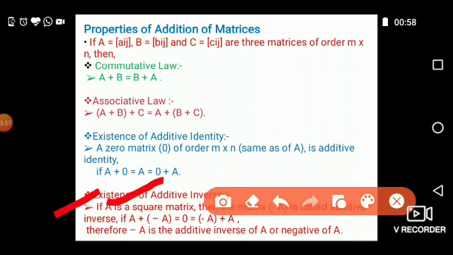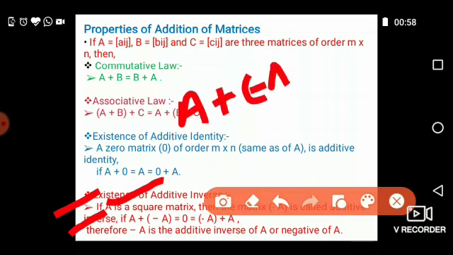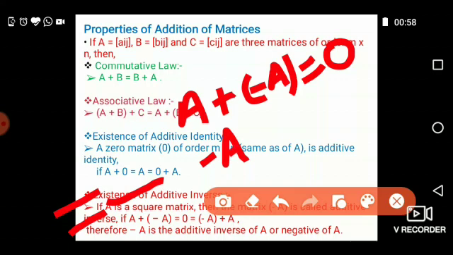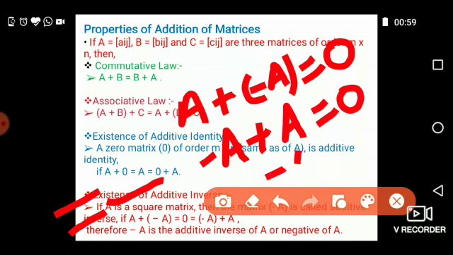If A is any matrix, then minus A is called the inverse of matrix A. If A is added with the negative of A, it gives zero matrix, or minus A is added with A, it gives a zero matrix, then minus A is called the inverse of A. Therefore, minus A is the additive inverse of A or negative of matrix A.